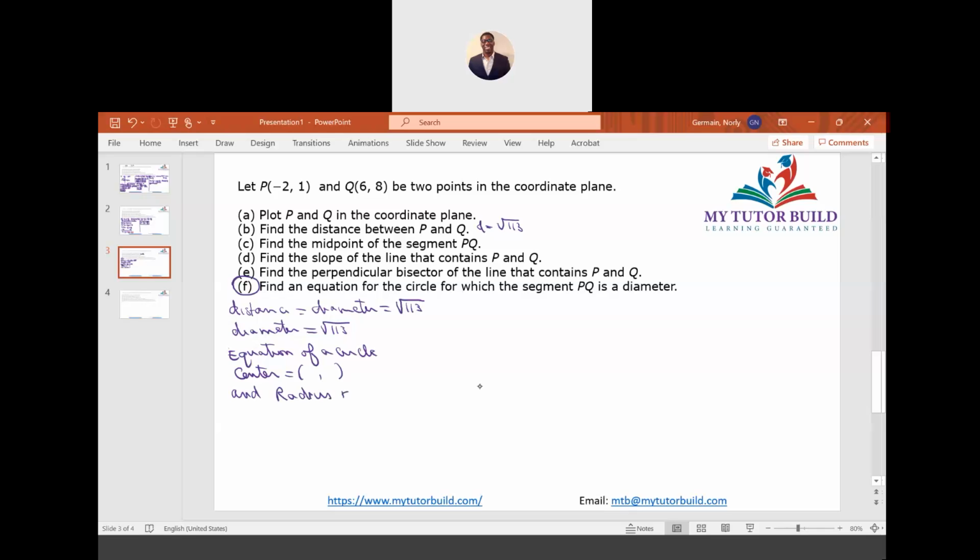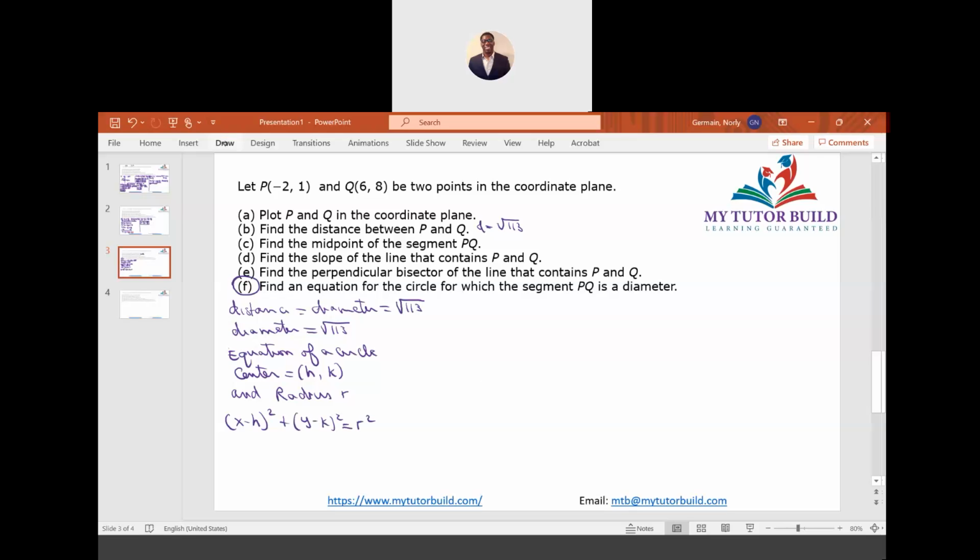Usually we say the center is (h, k) and the radius is r. We need to find these two pieces of information in order to find the equation of the circle. And once you have them, this is the equation: (x minus h) squared plus (y minus k) squared equals r squared. Now h is the x value, k is the y value, r is the radius.